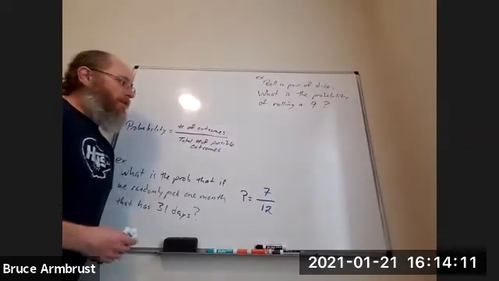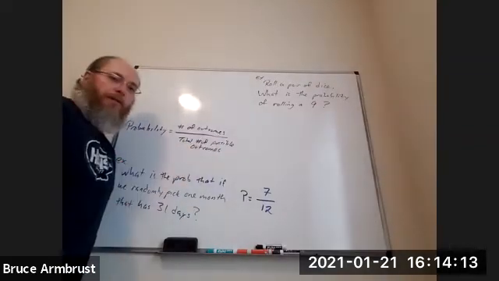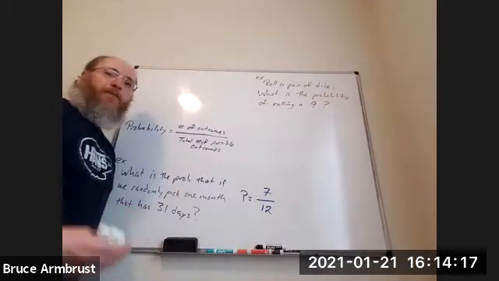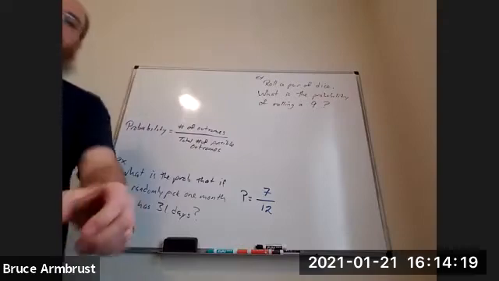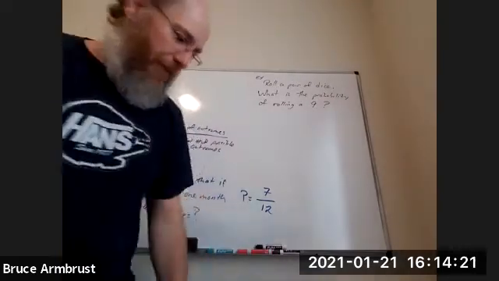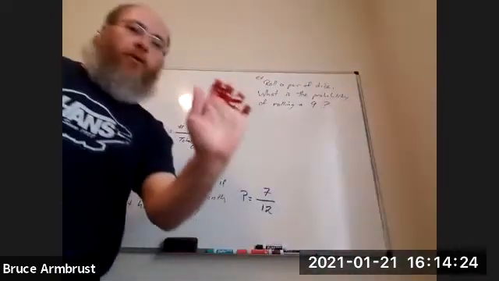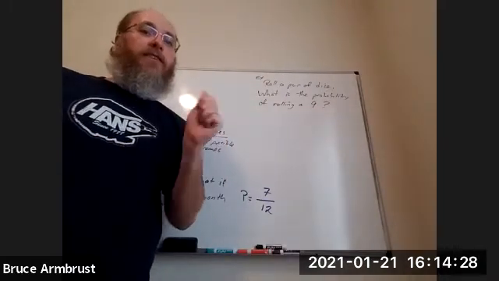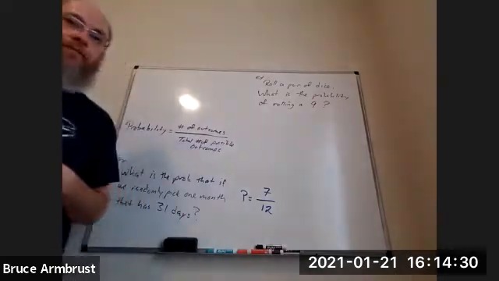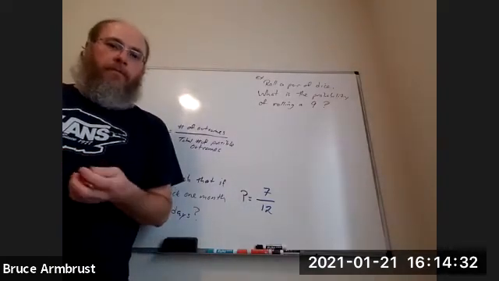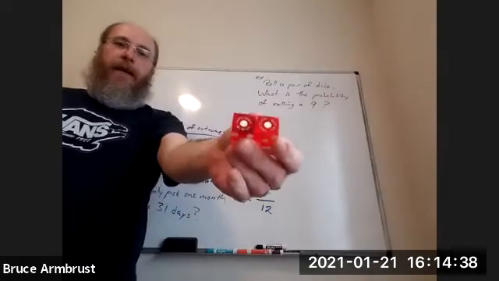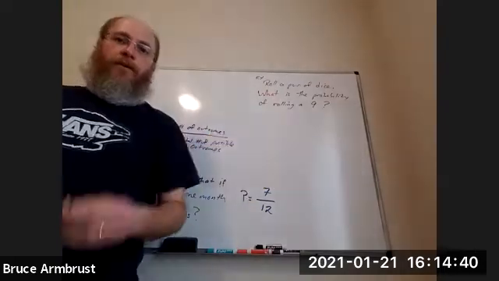Anyway, what's the probability of rolling 9? Let's start with the total number of possible outcomes. I roll a pair of dice. What are the different numbers I can get? What's the smallest total I can get? 2, right? If I roll snake eyes, I roll a 1 on each of my dice, and get a 2.